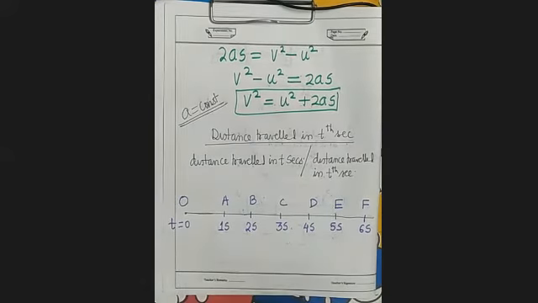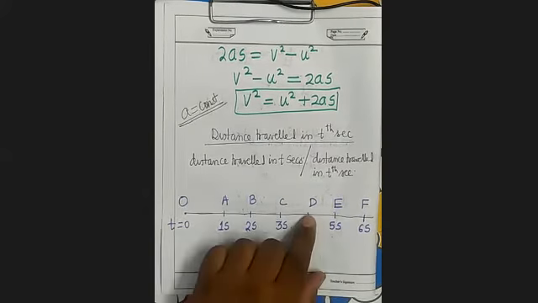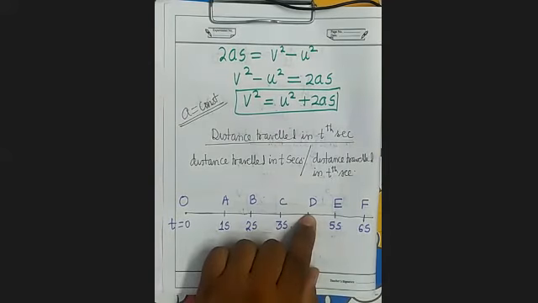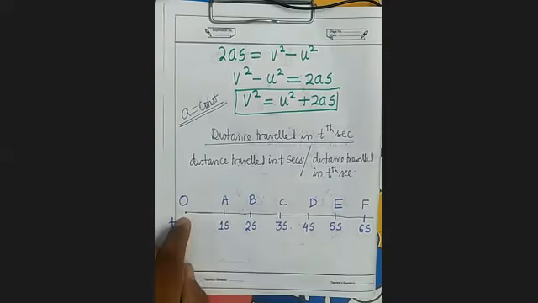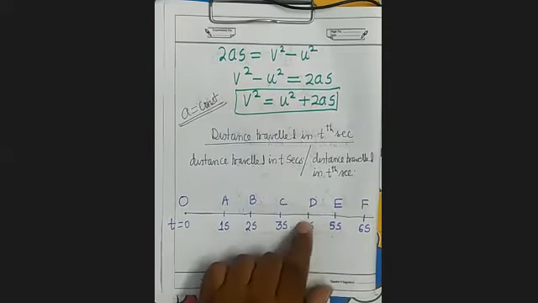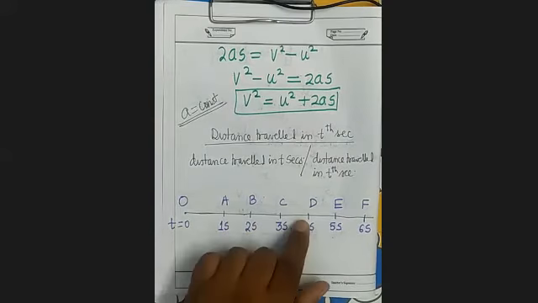In terms of the letters. D. A to D? No, not A, it is O to D. It started from O, and at 4 seconds it was here, so O to D.